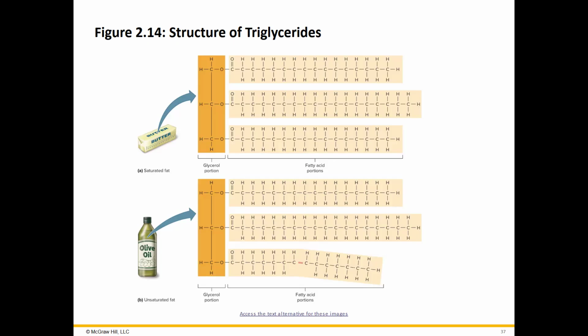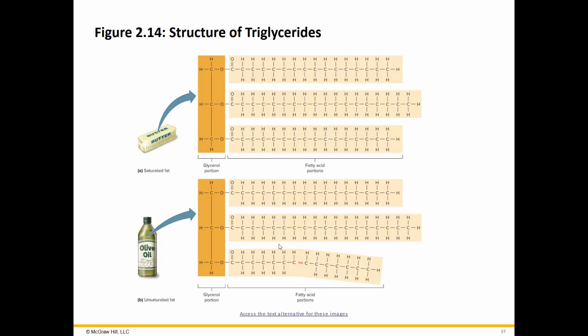Because it's all single bonded carbons, it's a nice, even stacked structure, so it becomes very solid in its form. Again, this is glycerol. These are our 3 acyl portions, a triacylglyceride or triglyceride.